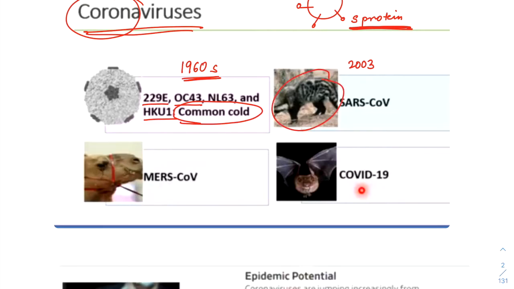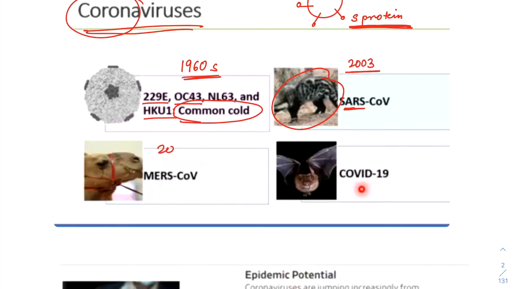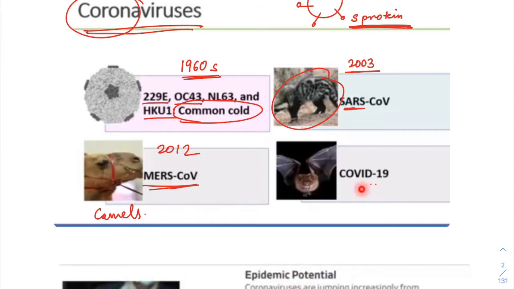And in 2012, another coronavirus appeared in Saudi Arabia, called the Middle East Respiratory Syndrome coronavirus, the MERS coronavirus. This MERS coronavirus was transmitted from camels to humans, and it caused even more severe disease than the SARS coronavirus because it carried a high mortality rate of around 36%.